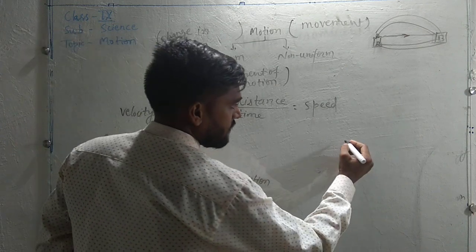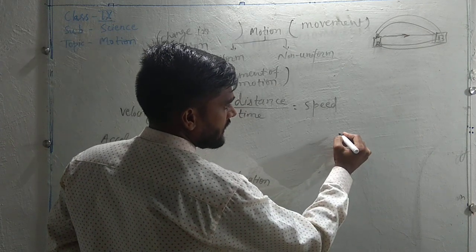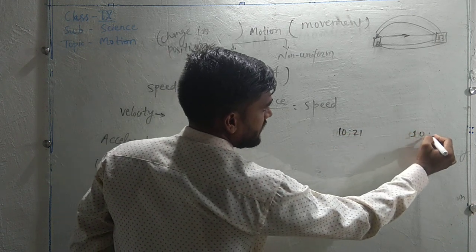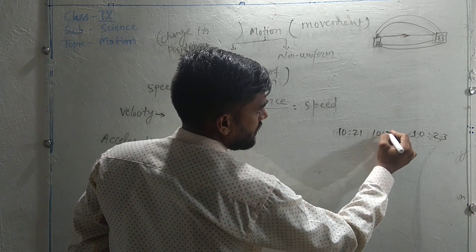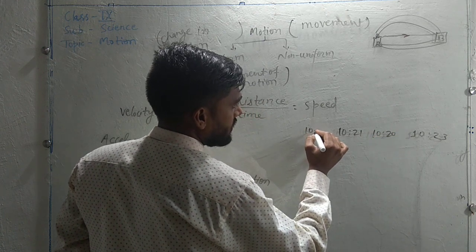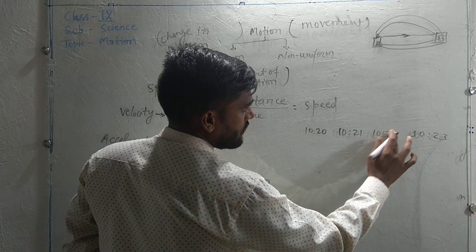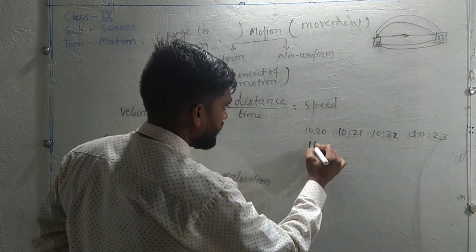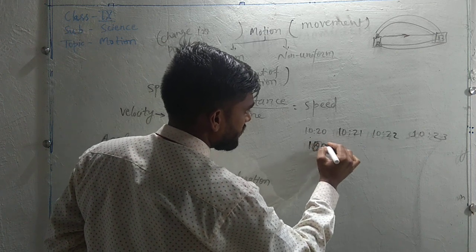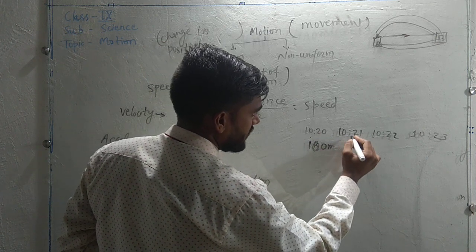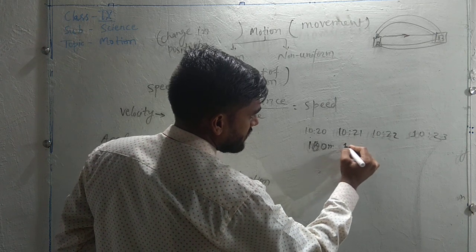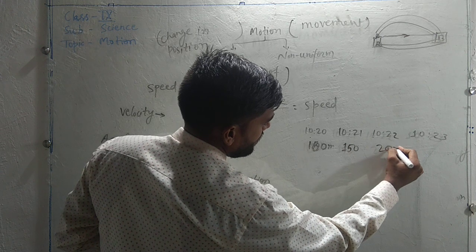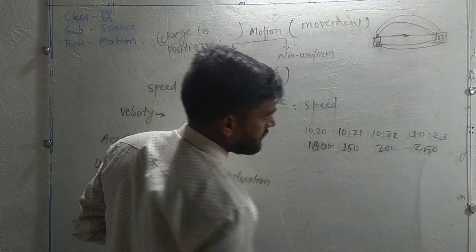So in the previous example, as it was traveling from 10:20, 10:21, 10:22, at this time it was at 100 meters, at 10:21 it was showing 150, at this one 200, 250, like this.